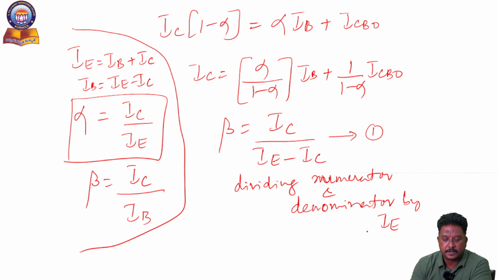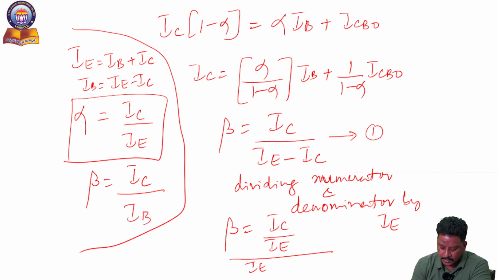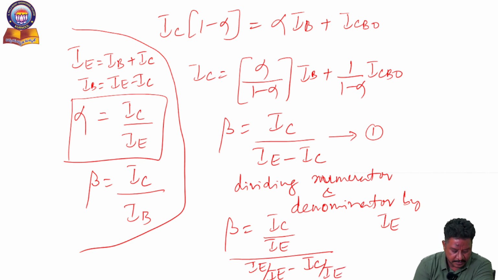beta is equal to IC by IE divided by IE minus IC by IE. So once again I am trying to highlight the importance of this.